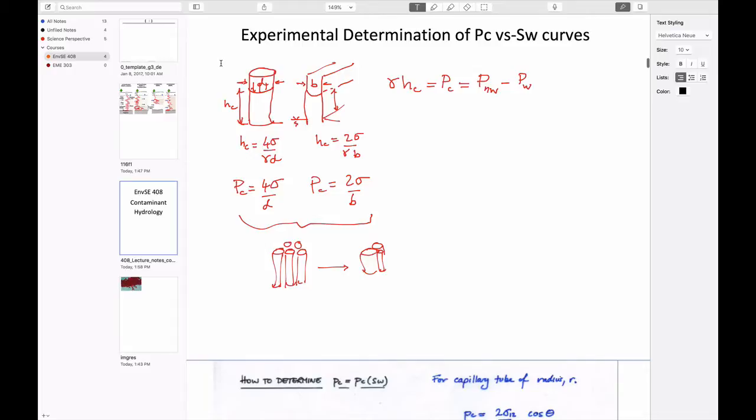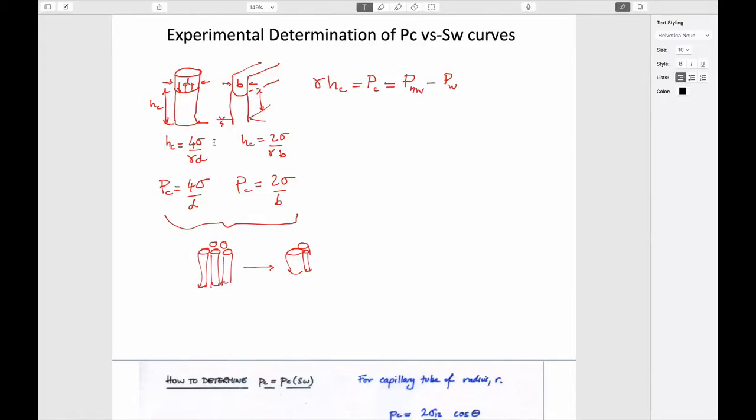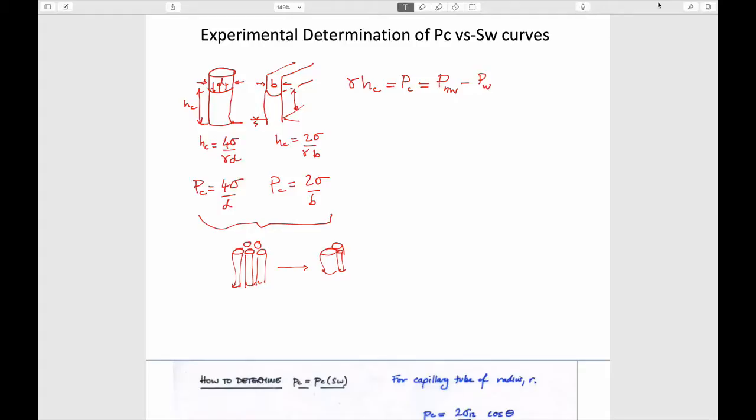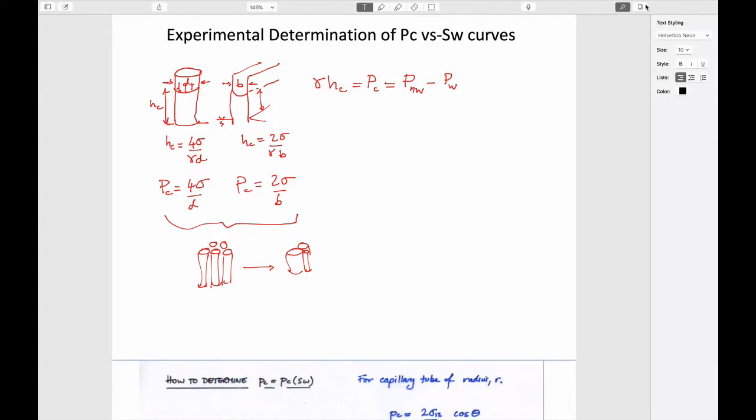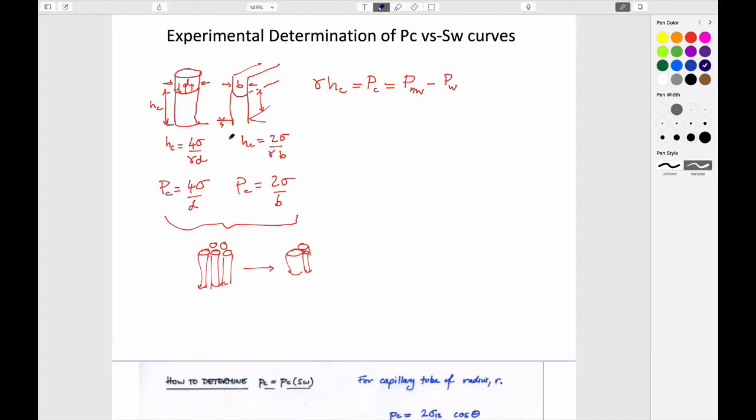So the big picture point is that we can define these component conduits, capillary and a fracture.